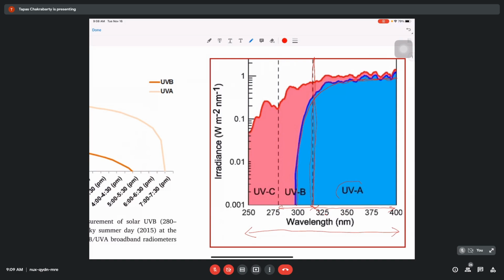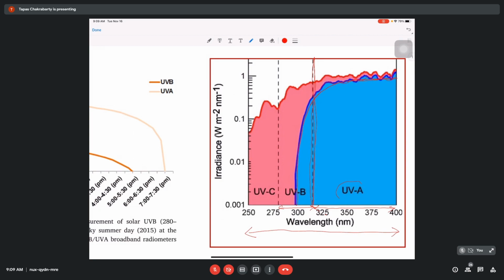Normally, if you see what kinds of molecules are in our cell or the cell membrane, they are the proteins, the lipids, and your nucleic acids. All these molecules, proteins, nucleic acids, as well as lipids, absorb ultraviolet light more or less in all these regions of the spectrum. The absorption in the UVA region is relatively small.